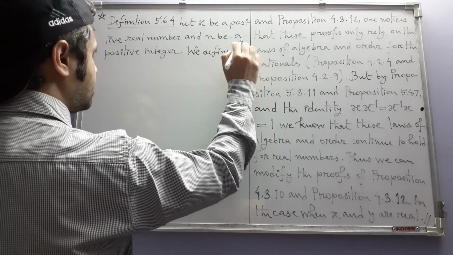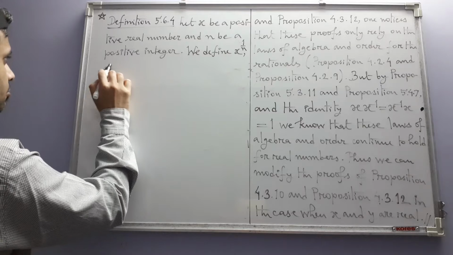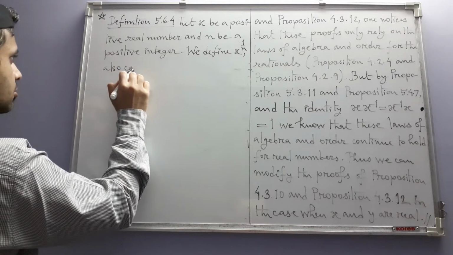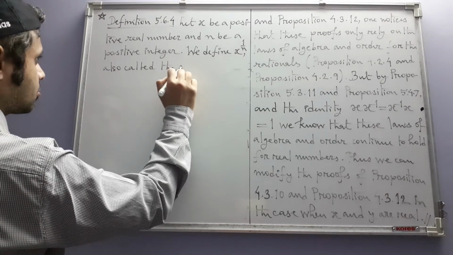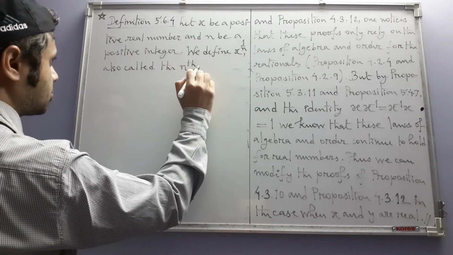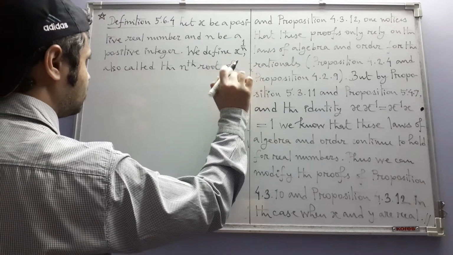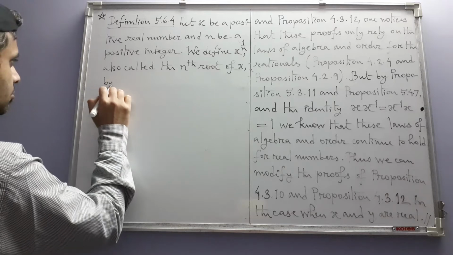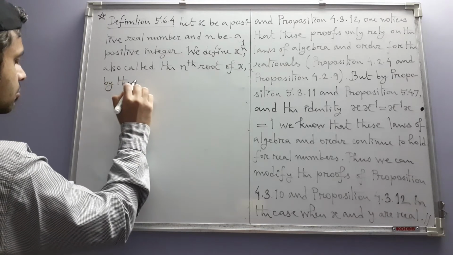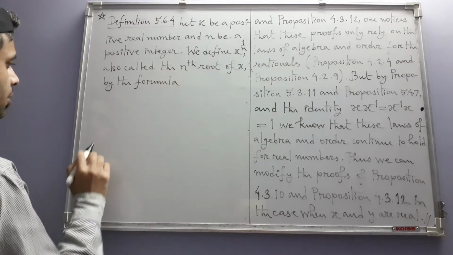We define x to the power 1 by n, also called the nth root of x, by the following formula.